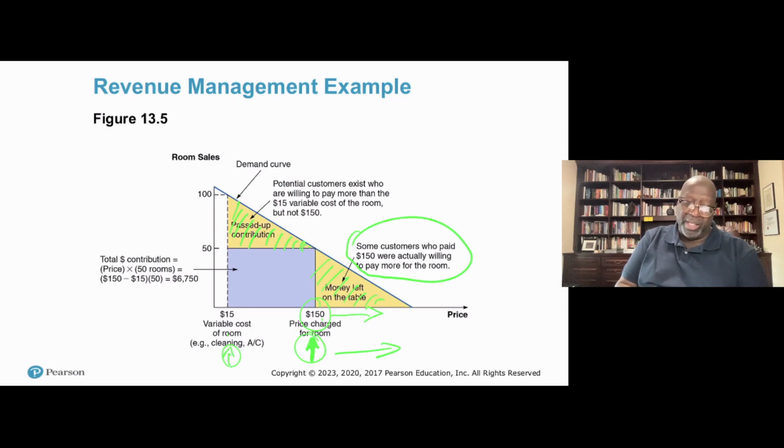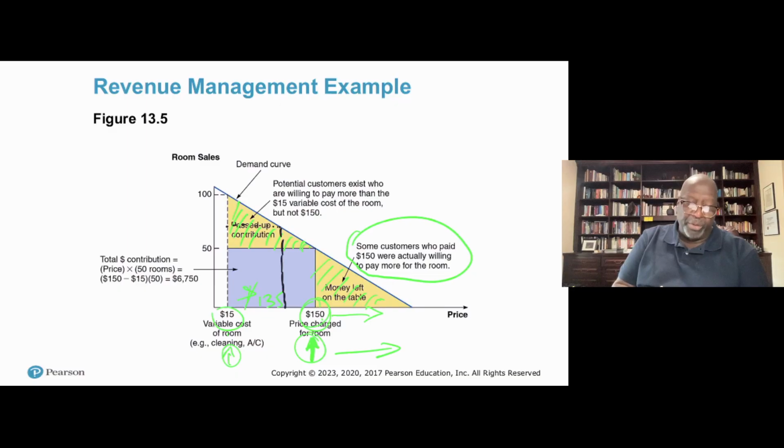So the margin here in this case is $135, because this is your cost, $15, and this is your price, $150. So what should we do? Should we do this differently?